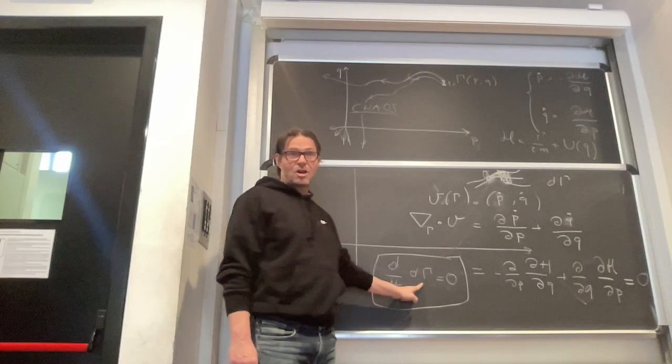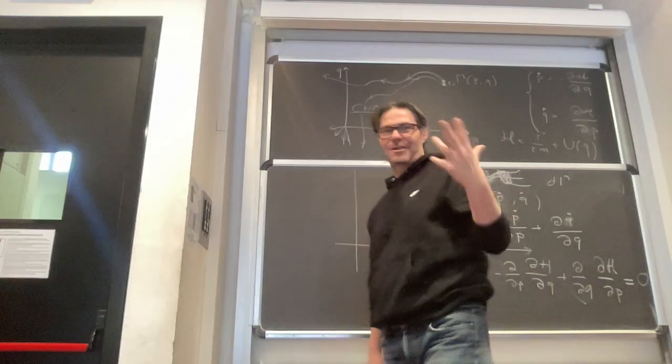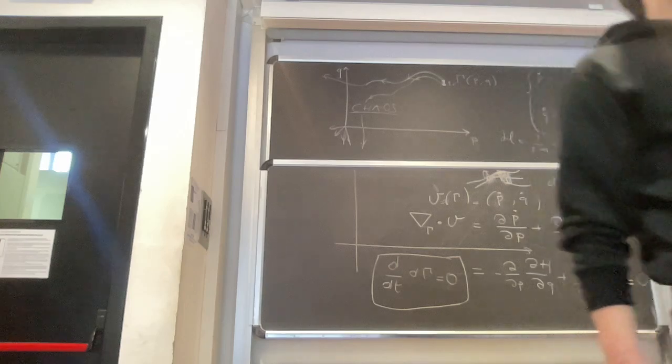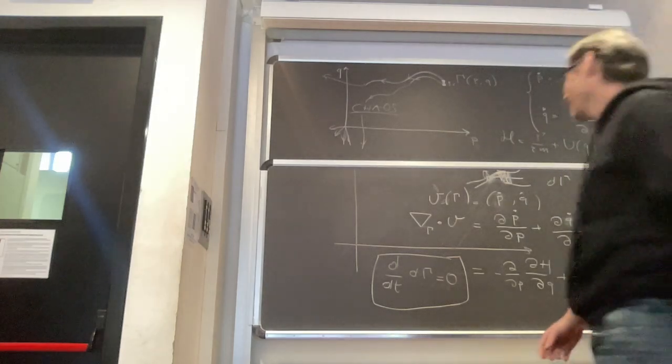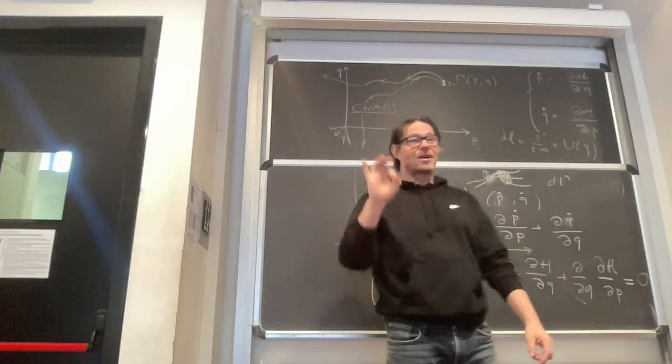Which leads to several paradoxes. One of them is the return theorem. The return theorem says that if I start from one condition, if I wait long enough, I will return to that condition.